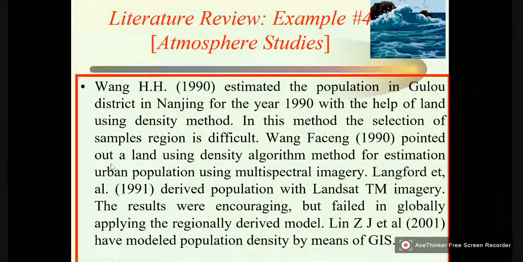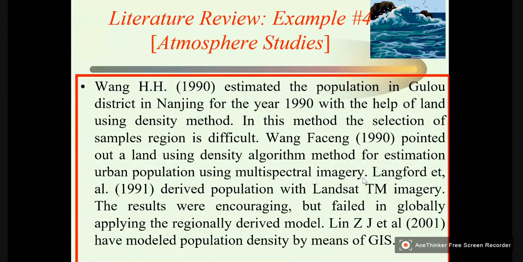So Wang pointed out a land use density algorithm method for the estimation of urban population using multispectral imagery. So like that, he has built up stepwise the effectiveness of the people who have used that land use density method and how this particular researcher is going to consider it in his study.